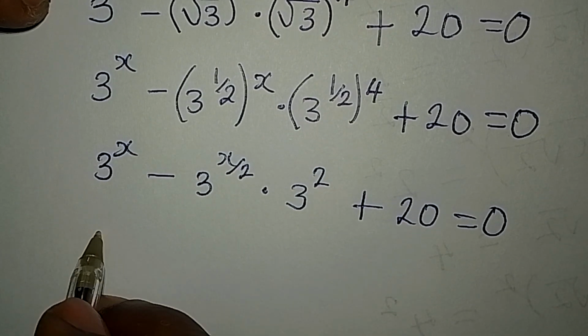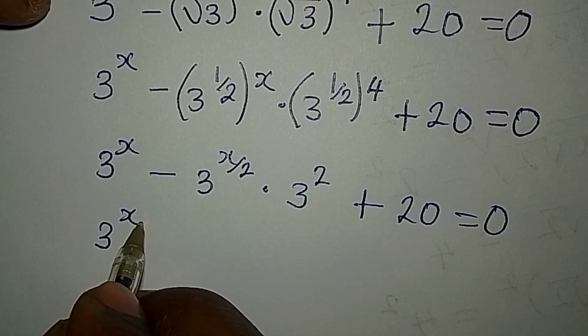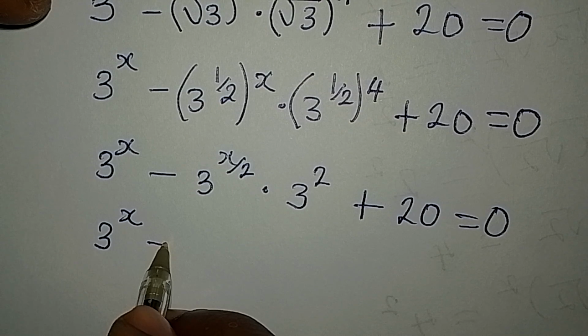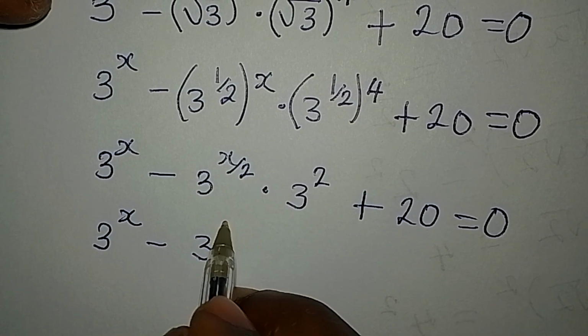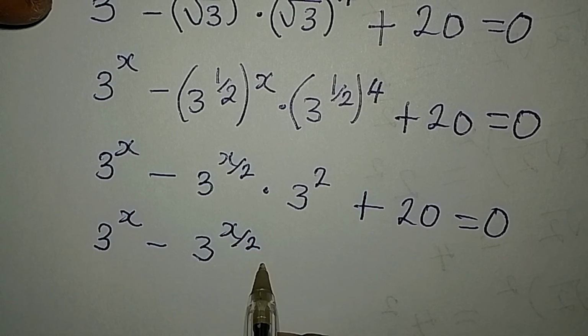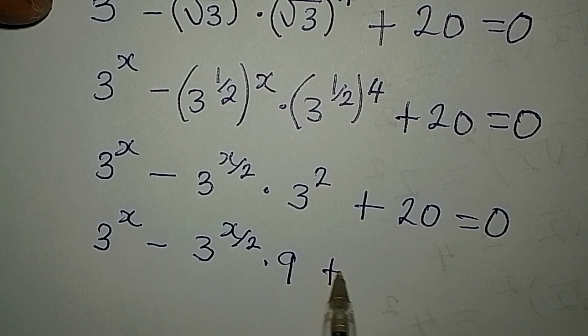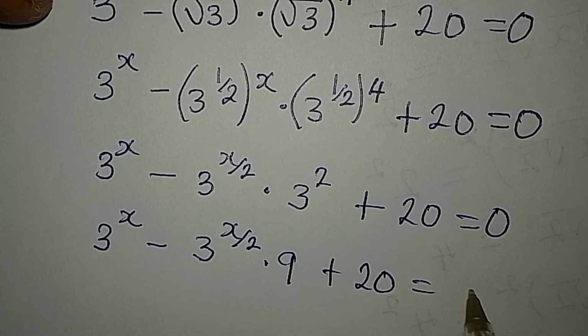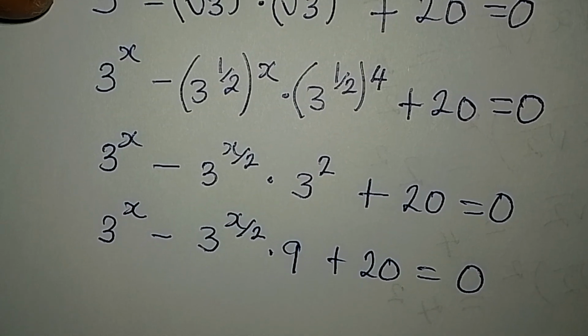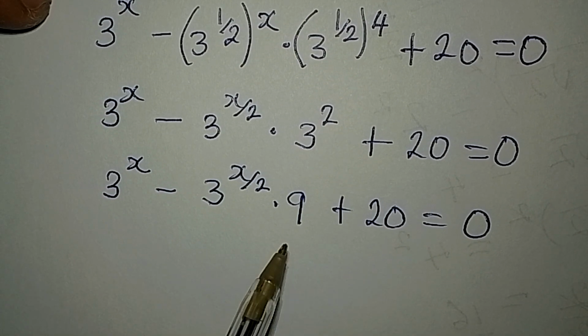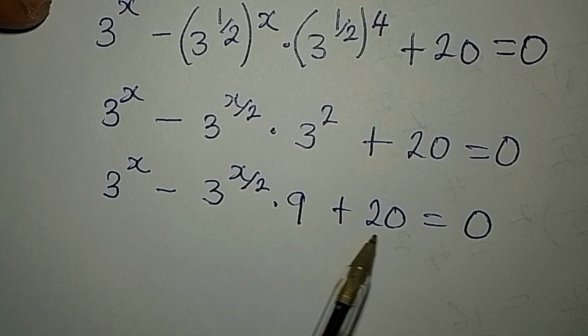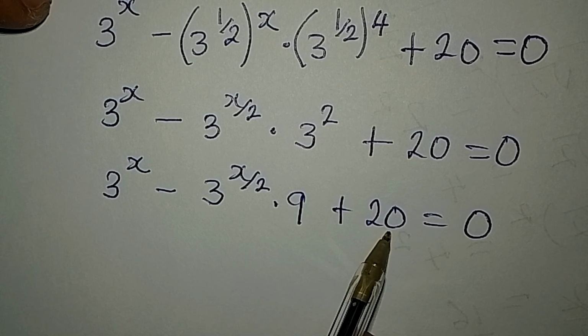Let's deal with this. We still have 3 to the power of x minus, from here, this is 3 to the power of x over 2 multiplied by 9 plus 20. This is equal to 0. Now, this is one of the mistakes that learners are likely to make. They will add 9 and 20 together, but that is wrong.